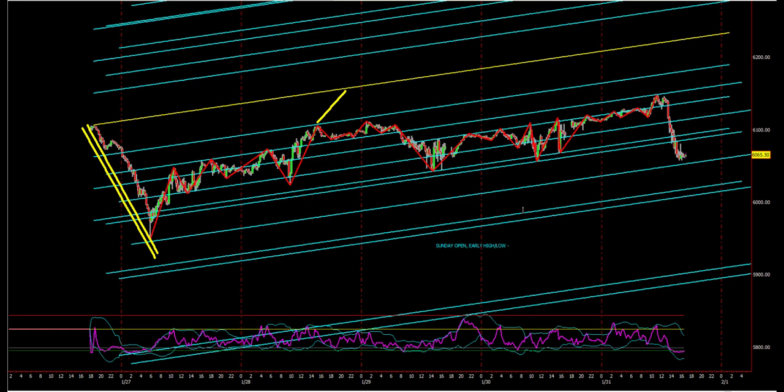Okay, so Sunday open should be your A point, right? Track the high and low, which is the B point, and then curve fit the lines, and then validation should happen on C, ABC.